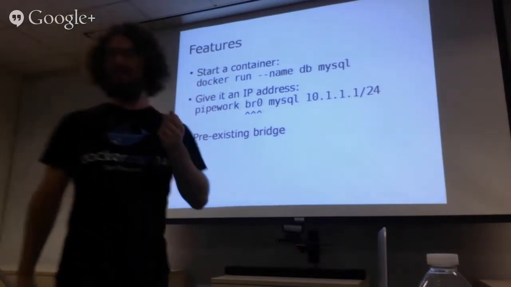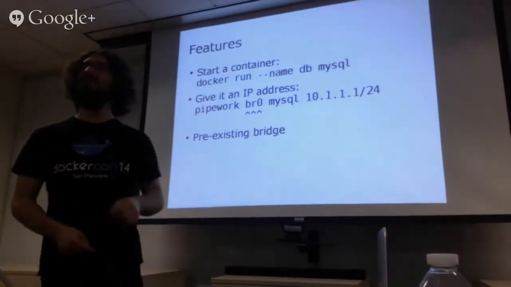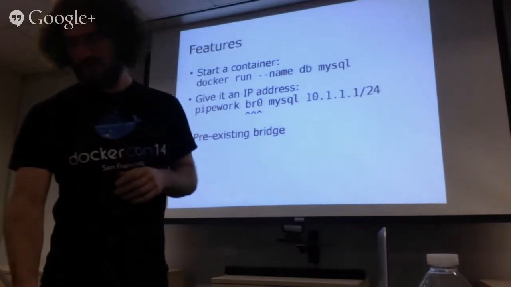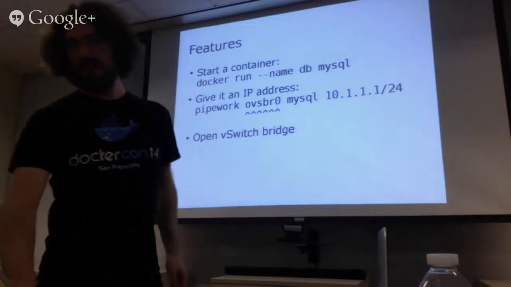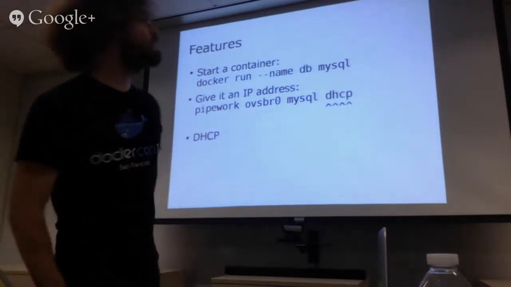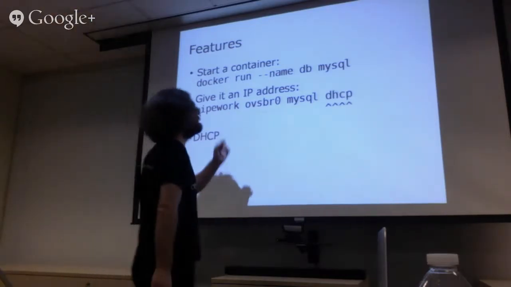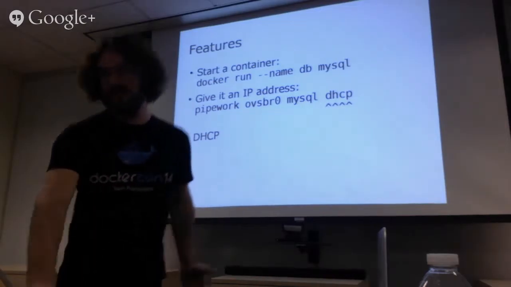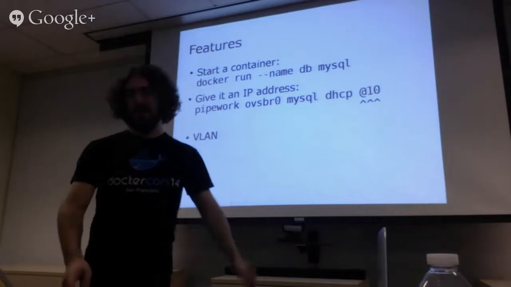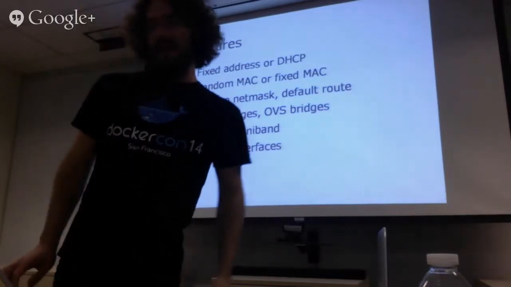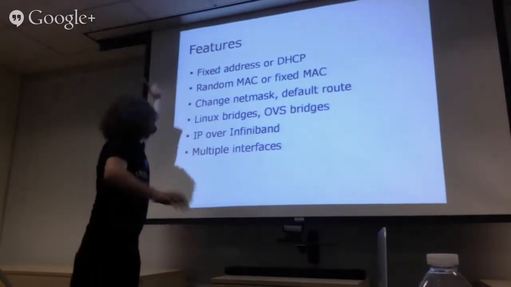I think if I just put br something, it will be smart enough to create the bridge, but I'm not sure. I can use an Open vSwitch bridge if I have that on the machine. I can also, instead of specifying an IP address in the command, say I want to use DHCP, and I can put the VLAN tag number. So that's the kind of short list.